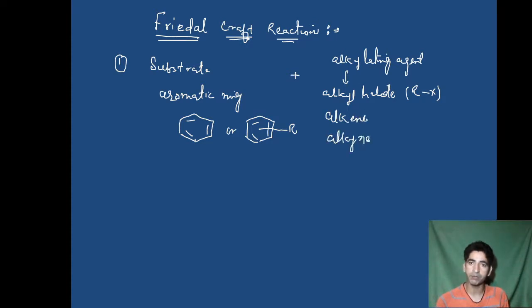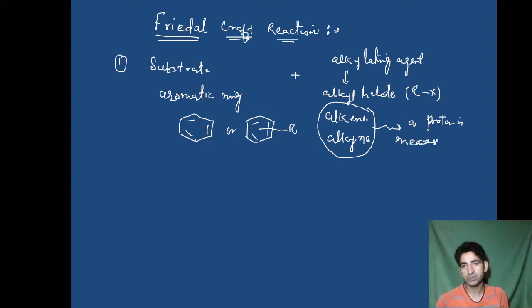But one thing is important to remember: if the alkylating agent is an alkene or an alcohol, then we have to use a proton source as well. This proton source acts as a co-catalyst. Now what is the proton source?